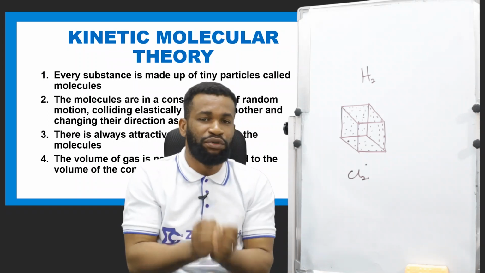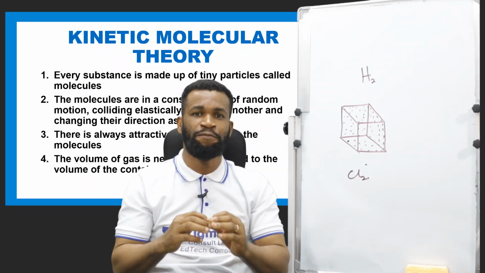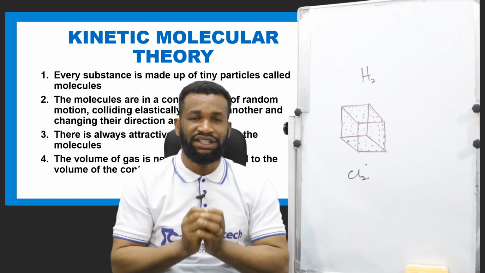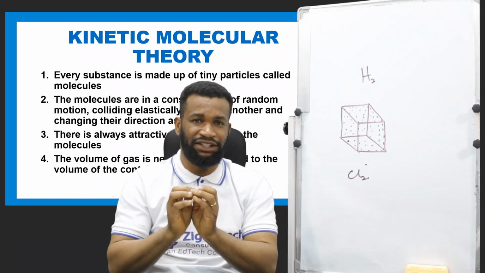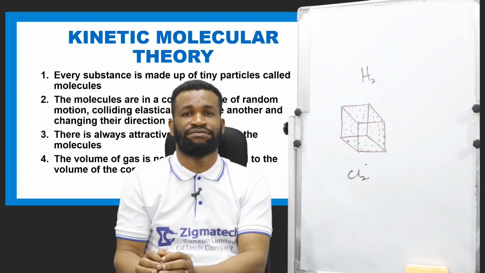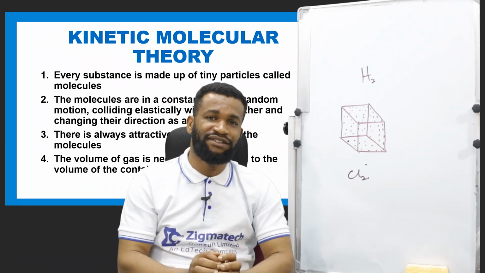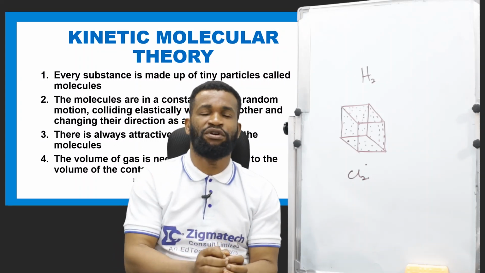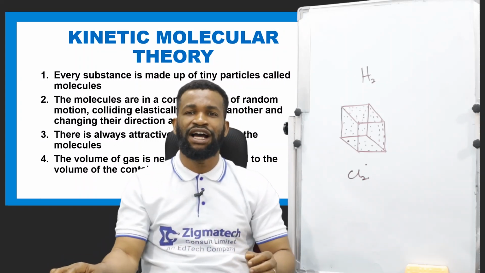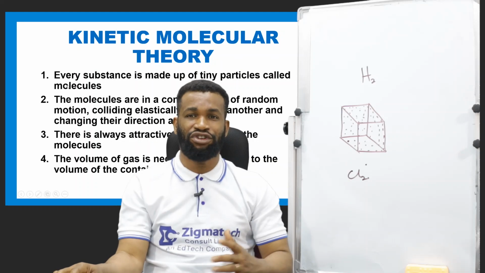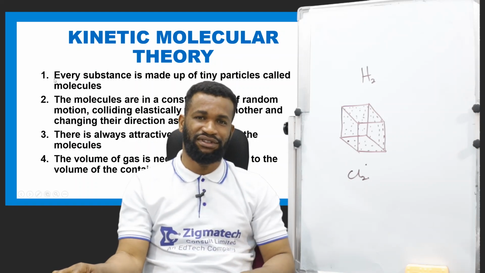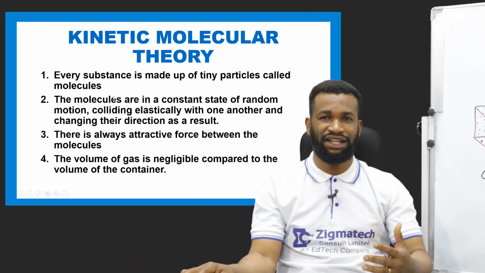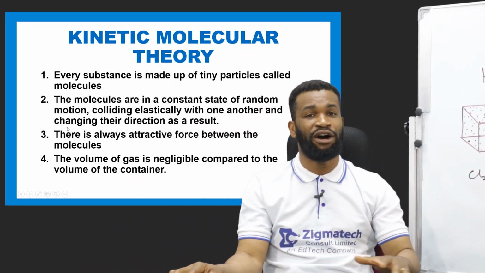If you put a gas in a circular rubber or in a spherical object, the gas will be given the shape of the spherical object. When you put the gas in a rectangular, cubic object, the gas will take the shape of the cubic object.